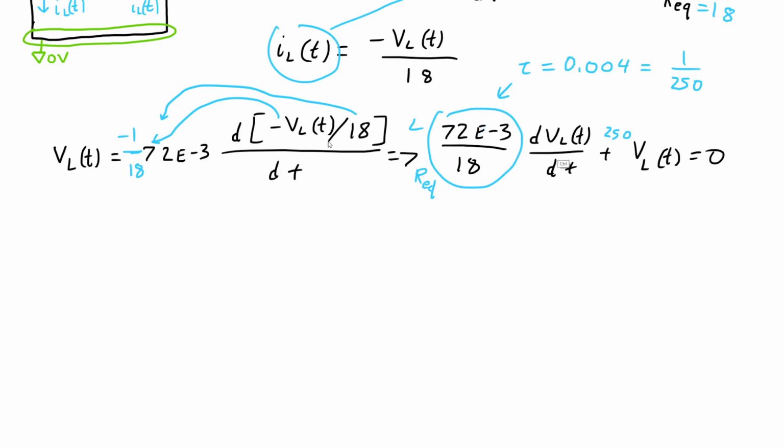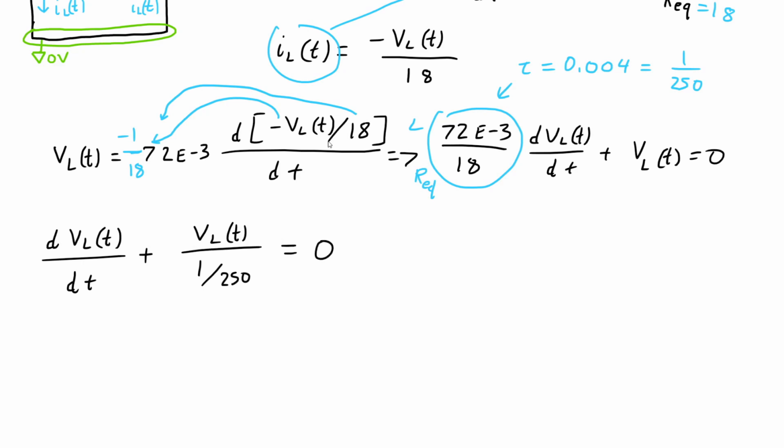But I'm going to keep it as a fraction because it'll make sure that we're in our standard form as we want to make our lives easier. So dVL dt plus VLT divided by tau, which is 1 over 250, equals 0. Alright, so we know VL0, we calculated it as 64 volts.